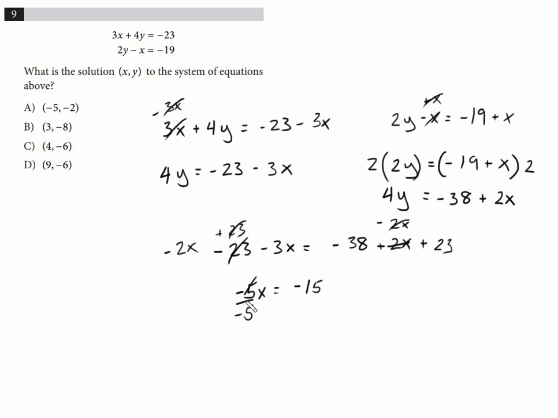Divide both sides by negative 5. X equals 3. And now only one of these answers has 3 in the x coordinate. So again, for the third time, the answer is B.